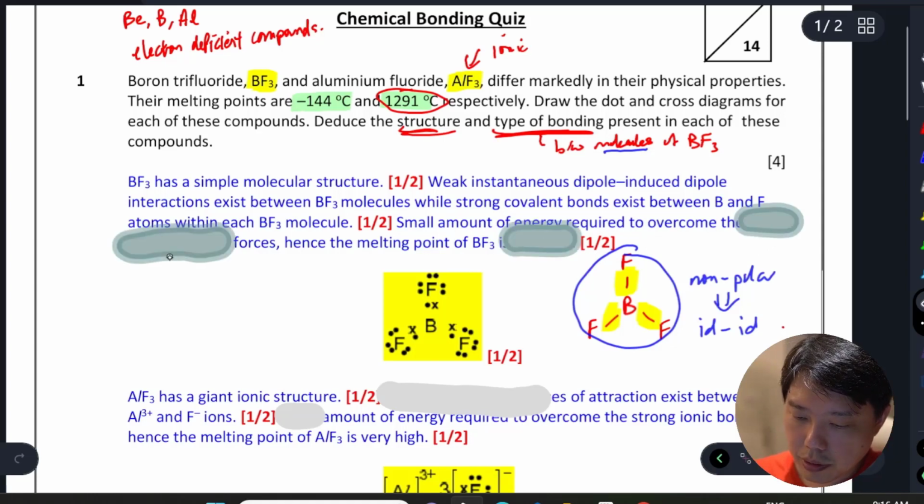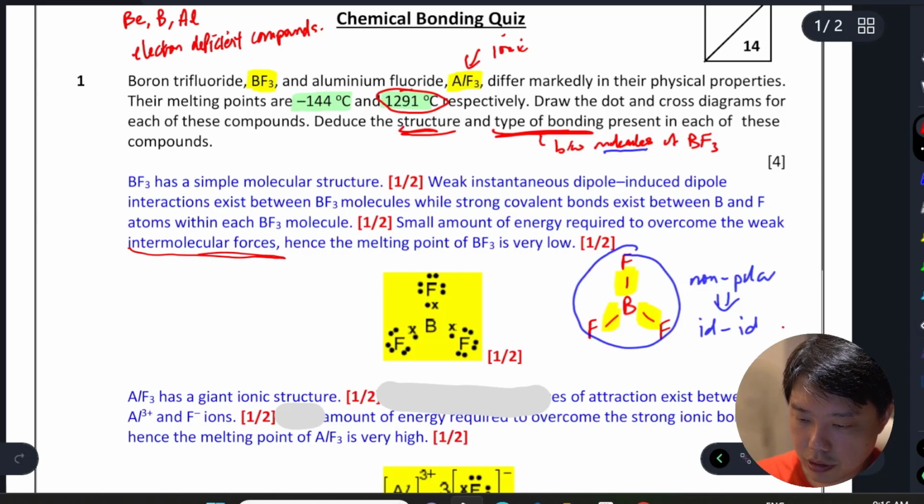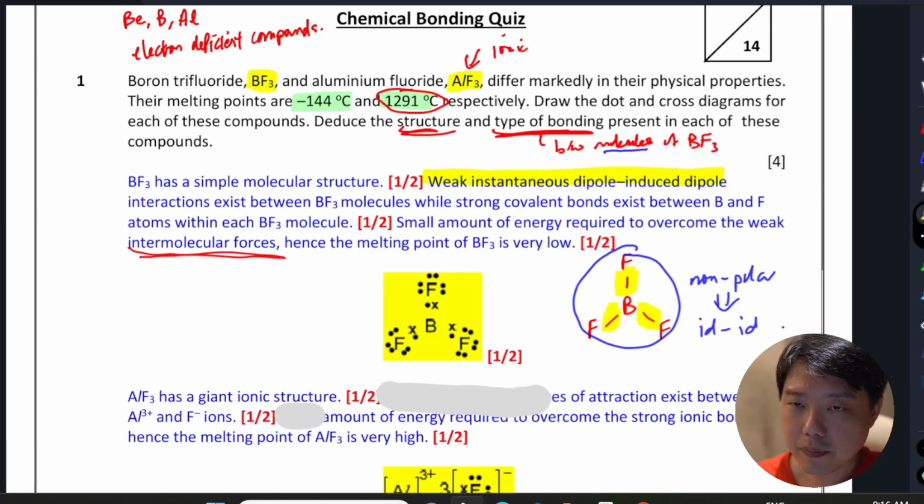So when you talk about melting point, we are simply overcoming the intermolecular forces, which in this case is your weak ID. We are not breaking the covalent bonds.